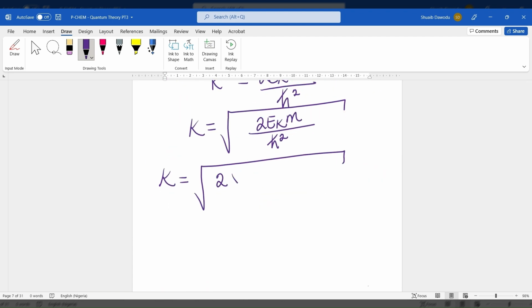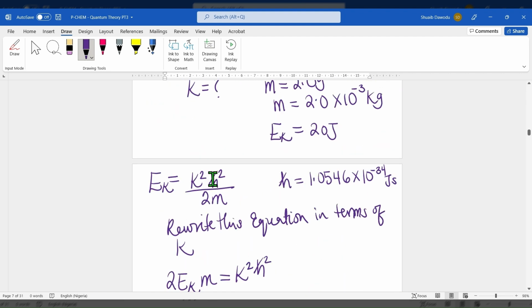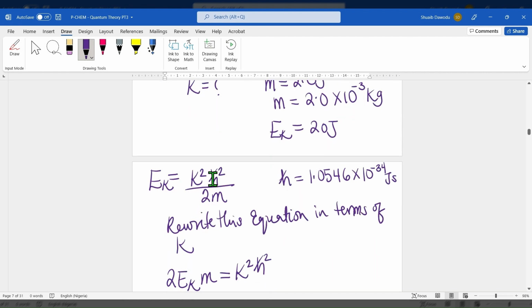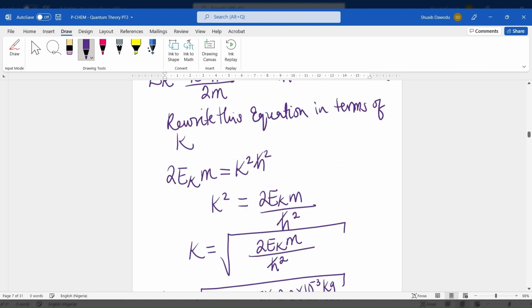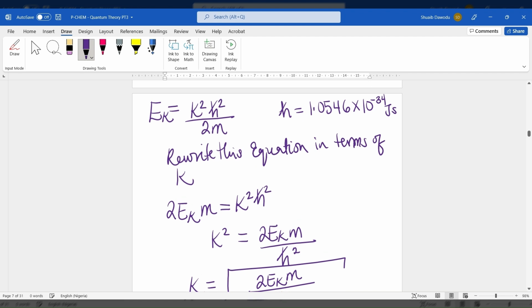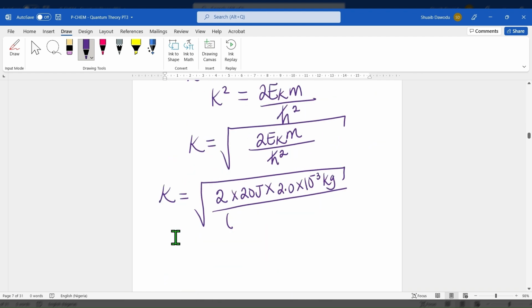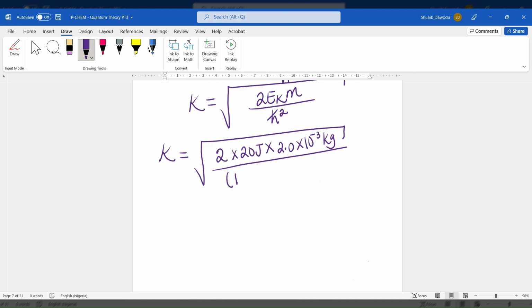So 2 times 20 joules times the mass that we're given, which is just simply 2.0 times 10 raised to the power of negative 3 kilograms, divided by h bar squared, which is just simply 1.0546 times 10 raised to the power of negative 34 joule seconds all squared.